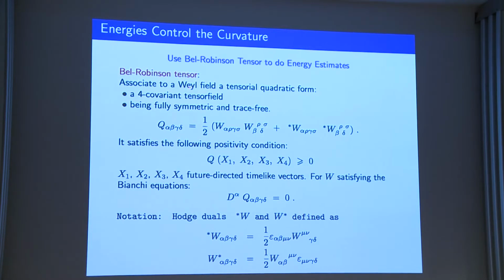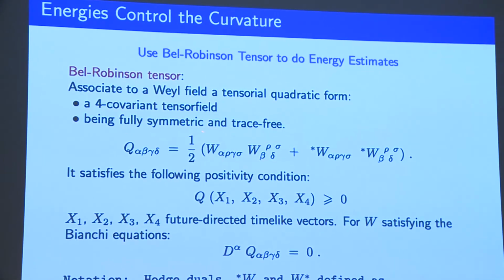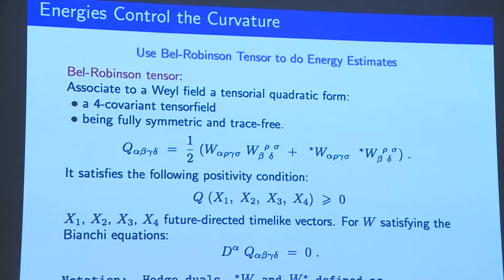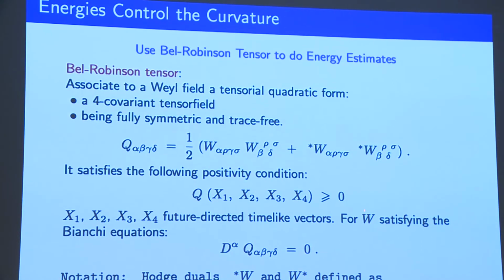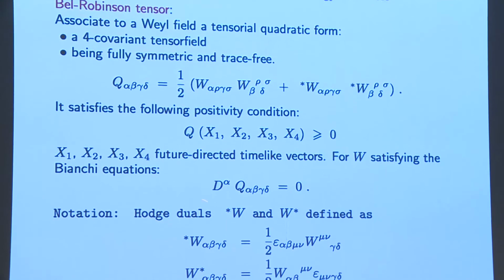So this is defined as follows. It's basically a 4-covariant tensor field, and if you look at it, it's quadratic in the Weyl tensor. So you look at the Weyl tensor of your space-time, and basically the Bel-Robinson tensor is quadratic in your Weyl tensor. It has a lot of nice properties. It is actually positive in the sense that if you plug in future-directed timelike vectors, you get this positivity property, and it also satisfies the Bianchi equations.